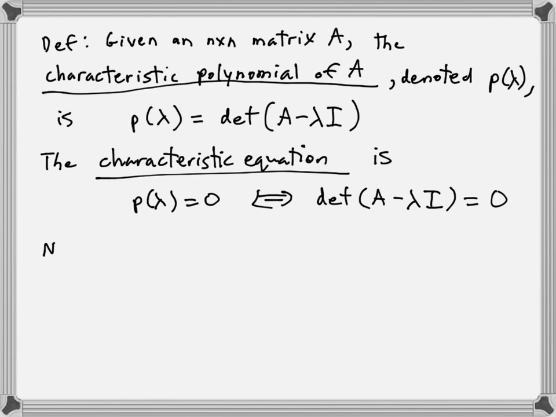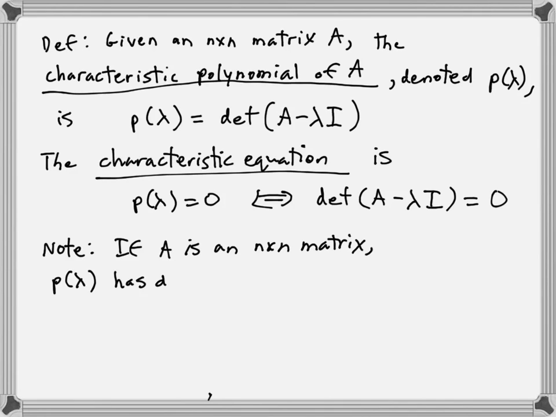So note, if A is an n by n matrix, when we take the determinant of an n by n matrix, we normally have to multiply lots of stuff together, but what happens is if you're going to have a lambda times I in there, you're actually going to end up with an nth degree polynomial. P of lambda has degree n.